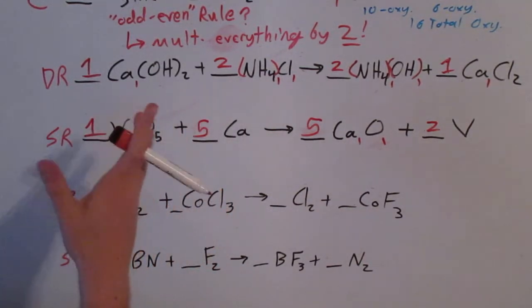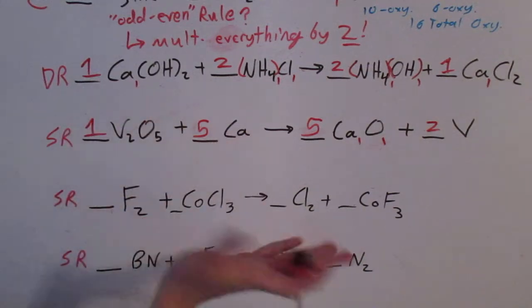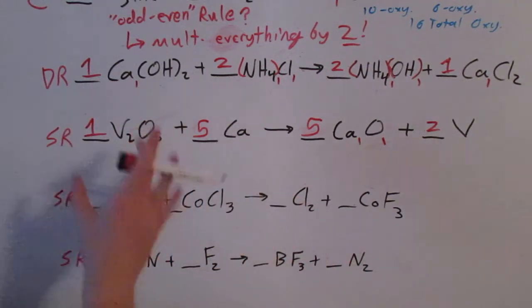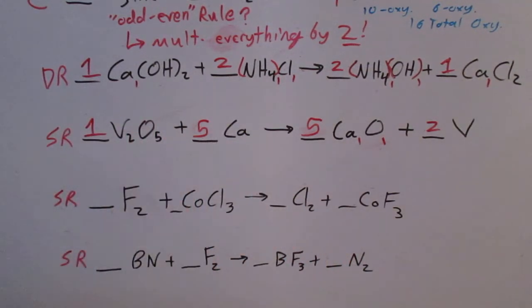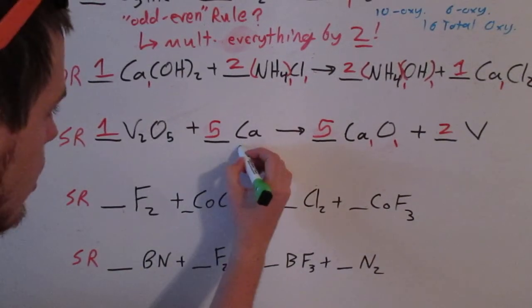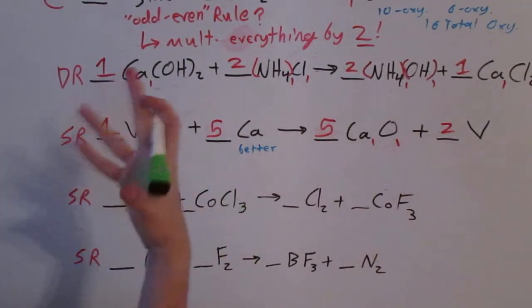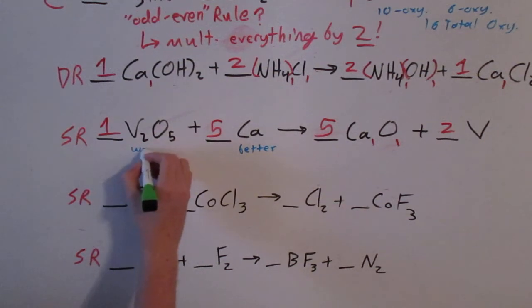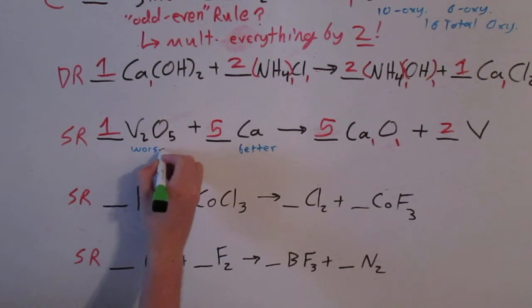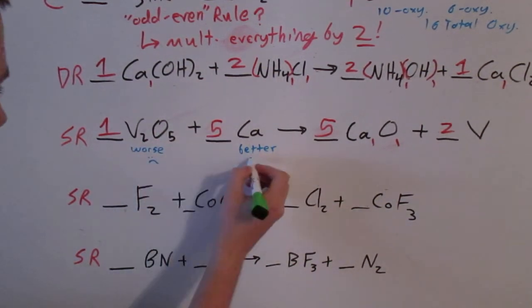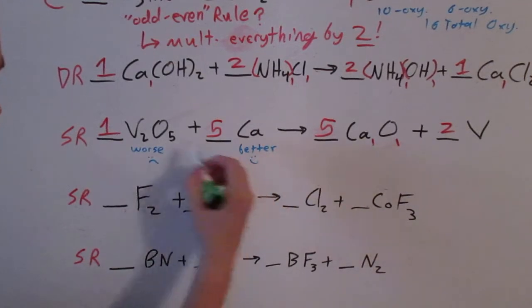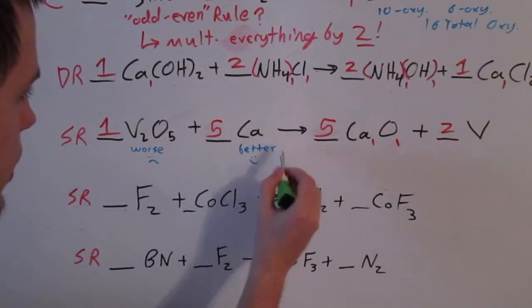Vanadium's kind of in the middle of the cheat sheet. It's not actually on it, but this one definitely would work. Calcium is better in terms of a metal. It's more reactive than vanadium. So this would happen.